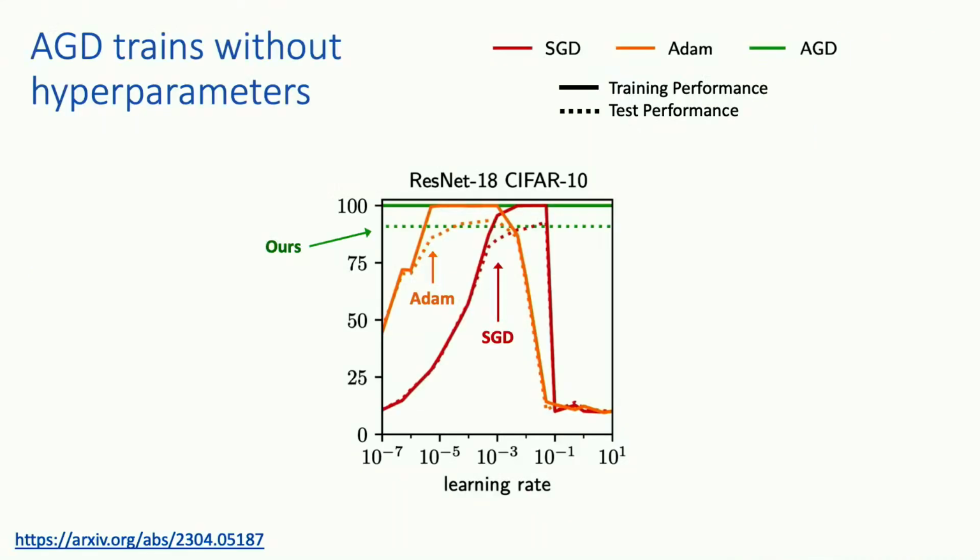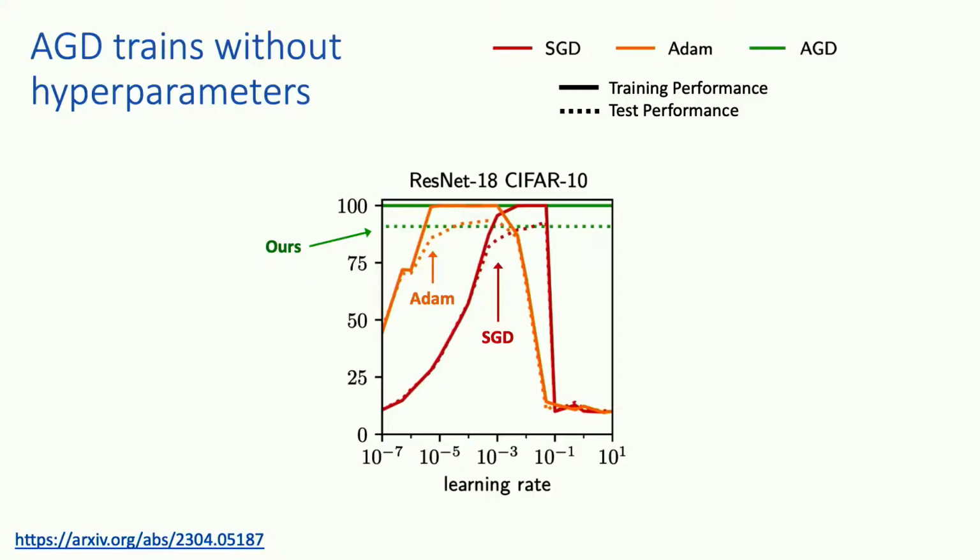You can look at some of our recent results, which we got working on ResNets, on CIFAR10, and I believe ImageNet more recently, which I'll show you shortly. The solid line is training performance, and the dotted line is test performance. Let's look at the dotted lines. The x-axis is learning rate.